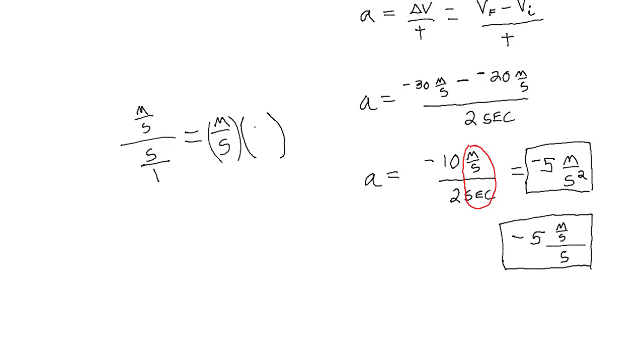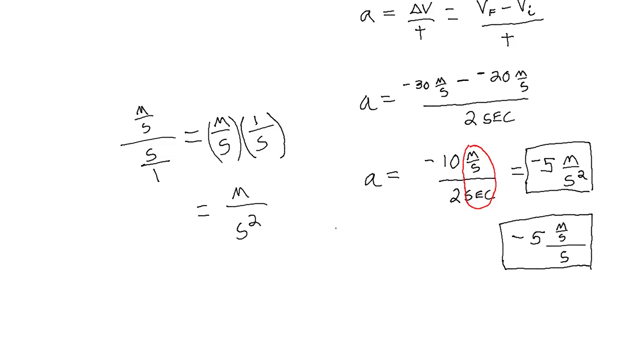Because remember, anything by itself can be given a denominator of 1. And so if I were to flip that, I have 1 over seconds. And now if I use dimensional analysis, treat units like algebraic variables, I'm going to have meters times 1 on the top, seconds times seconds on the bottom, and that's how we get meters per second squared. That's how we get that acceleration unit, which looks so strange.